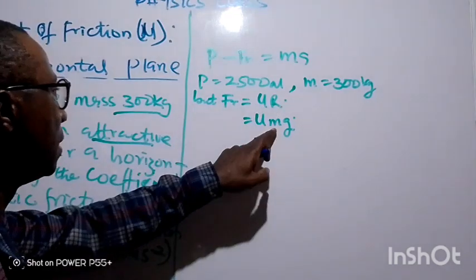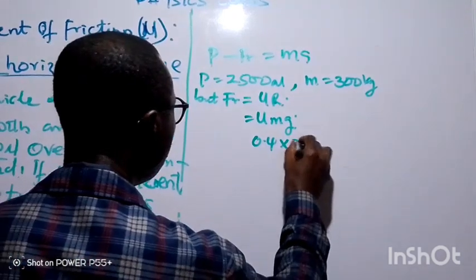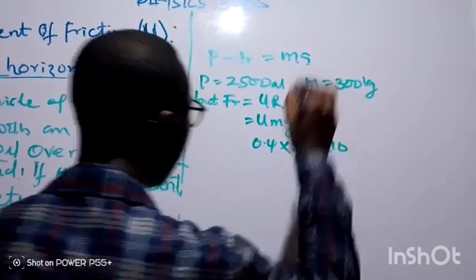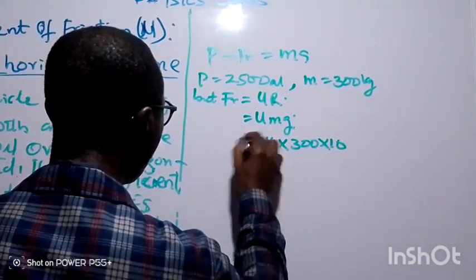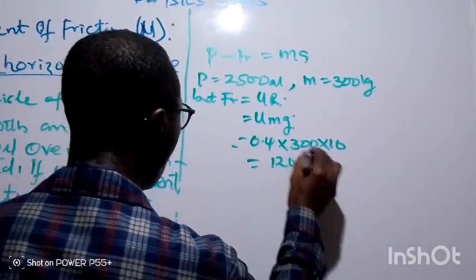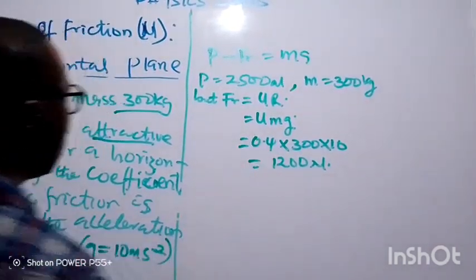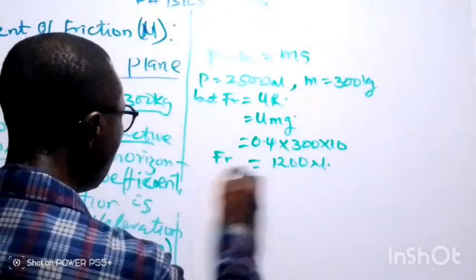So we can say that will be 0.4 multiplied by 300 multiplied by 10. And this will give us 1,200 Newton. So it means the frictional force is equal to 1,200 Newton.